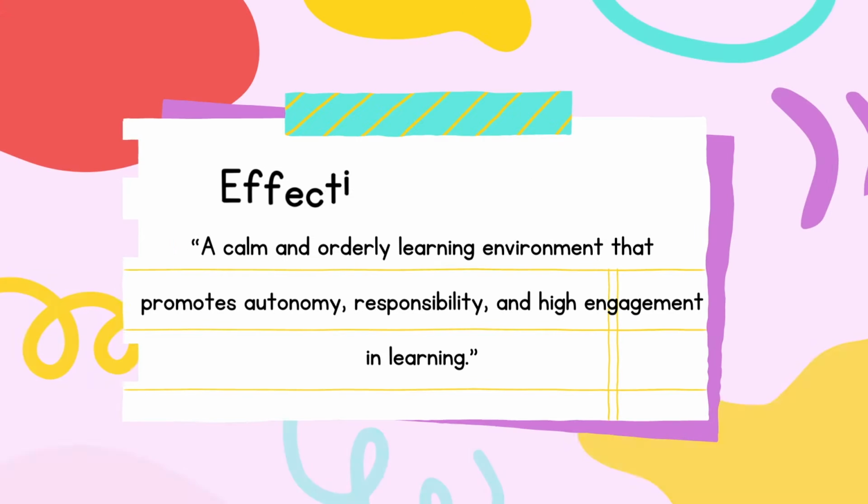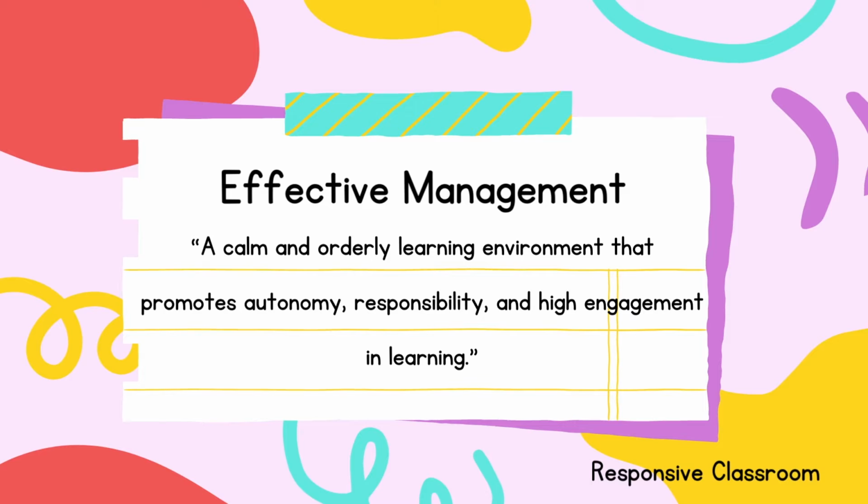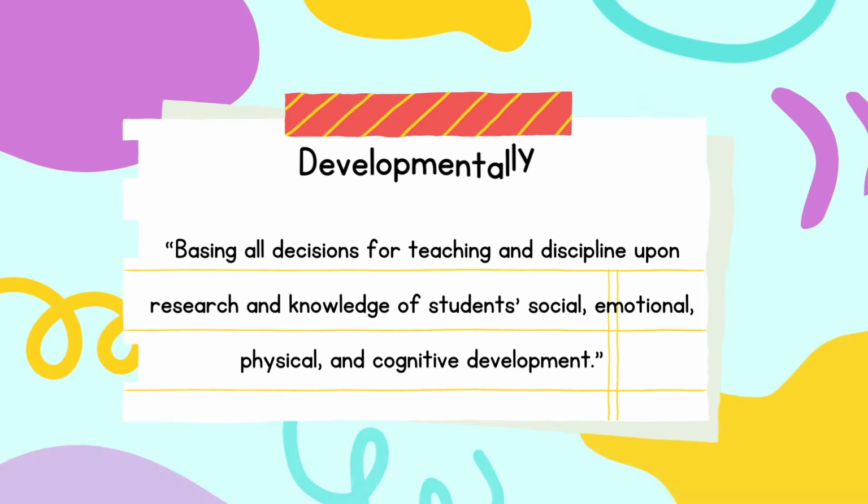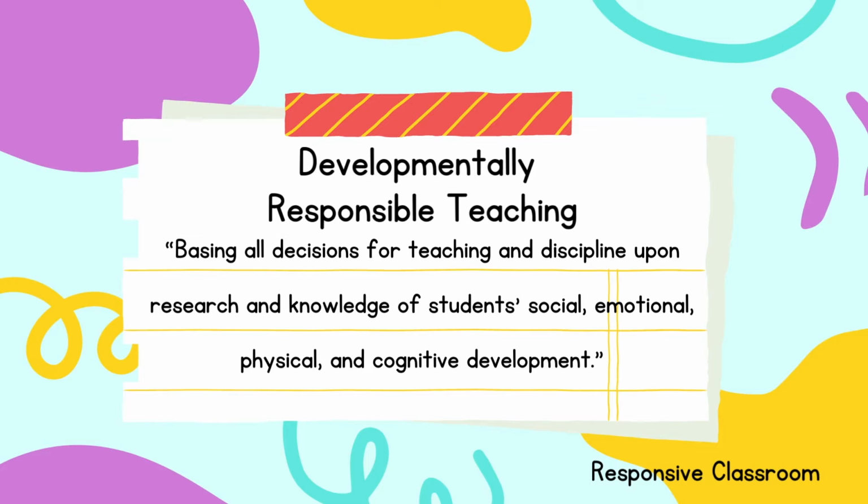Then we have effective management, a calm and orderly learning environment that promotes autonomy, responsibility, and high engagement in learning. And then lastly, developmentally responsible teaching, basing all decisions for teaching and discipline upon research and knowledge of students' social, emotional, physical, and cognitive development.